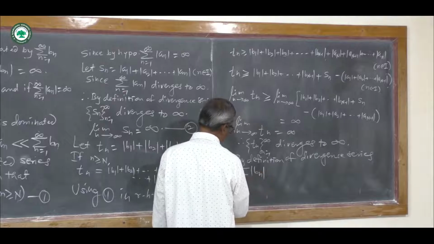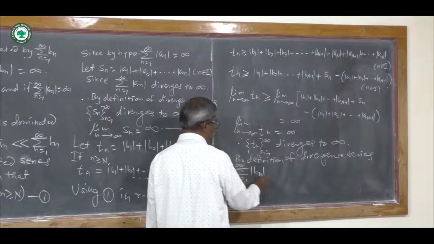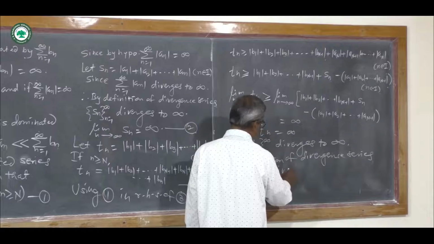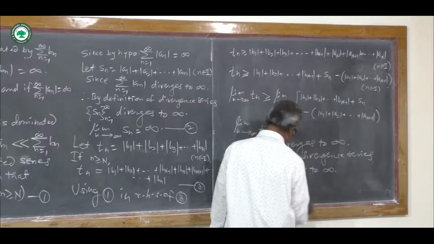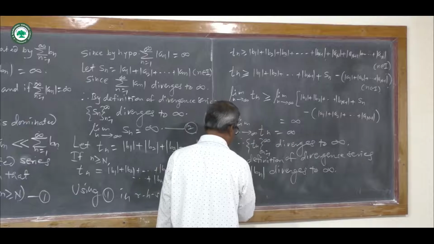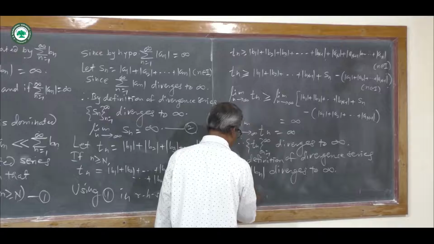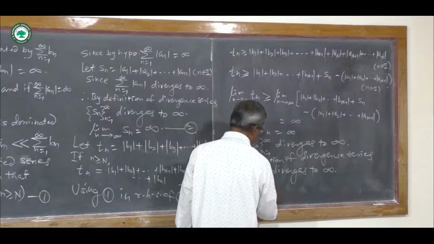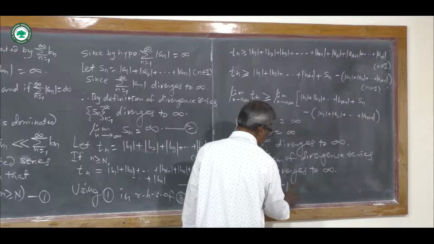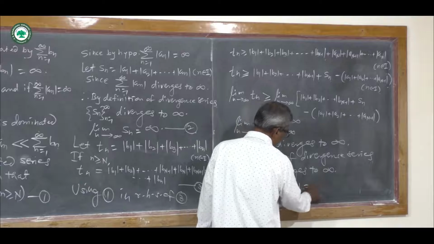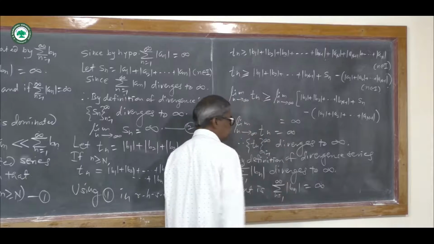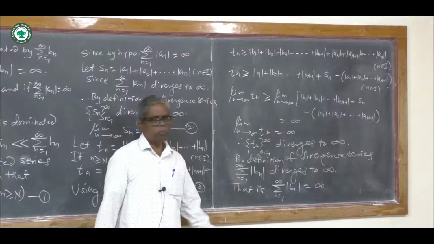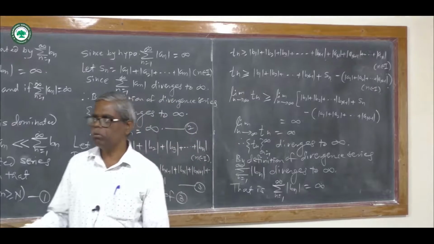Sigma mod Bn, n is equal to 1 to infinity, diverges to infinity. That is, sigma mod Bn is equal to infinity, n is equal to 1 to infinity. Hence the proof of theorem number 2.